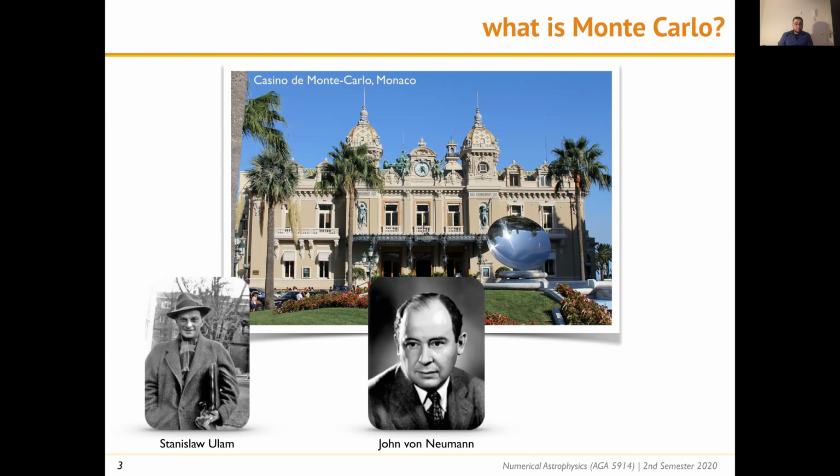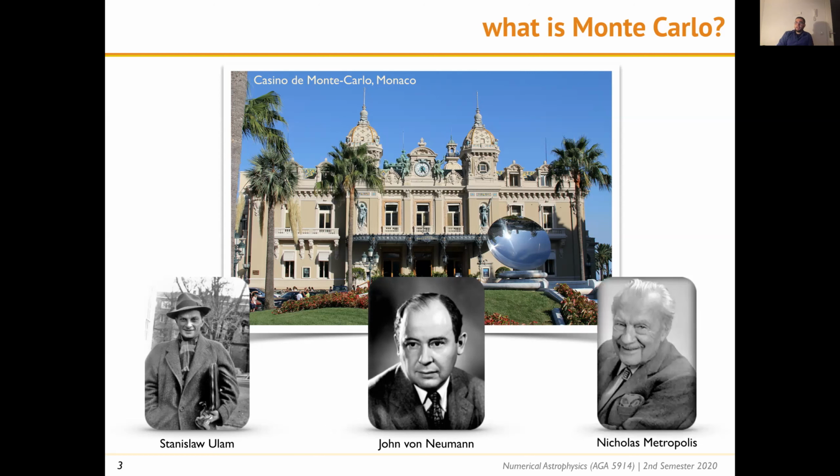John von Neumann started implementing Ulam's idea, to check everything on a computer, which is much faster. The actual name Monte Carlo was suggested by this third figure here, Nick Metropolis. You'll see Metropolis's name coming back later, because his algorithm is the first real Monte Carlo algorithm for general purpose.